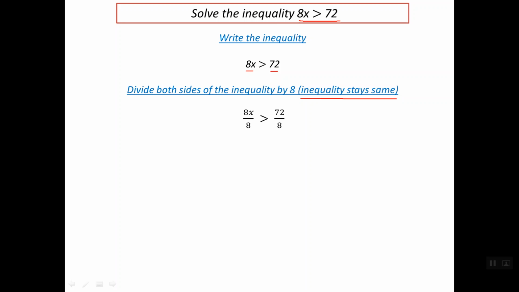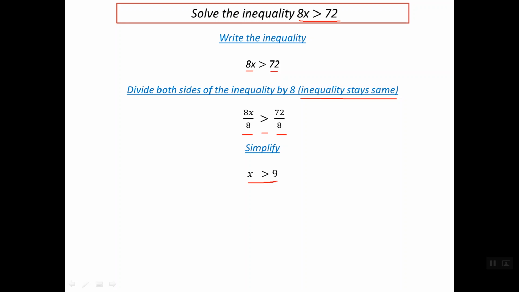So the left side becomes 8x divided by 8, the inequality stays greater, and on the right side we have 72 divided by 8. Now we can simplify. For the left side we have only x, and for the right side, the division of 72 by 8 gives 9. So x is greater than 9.